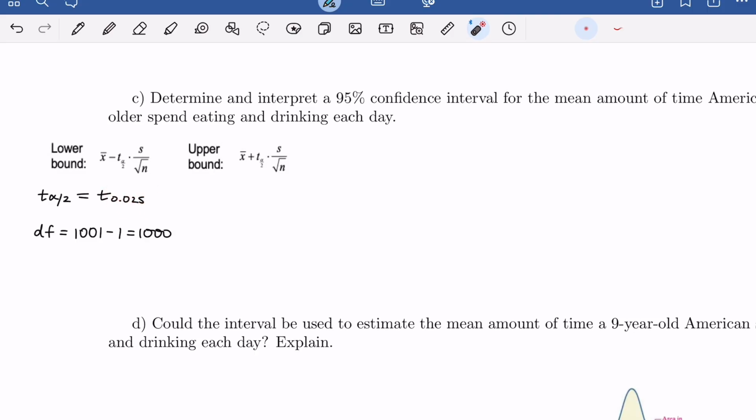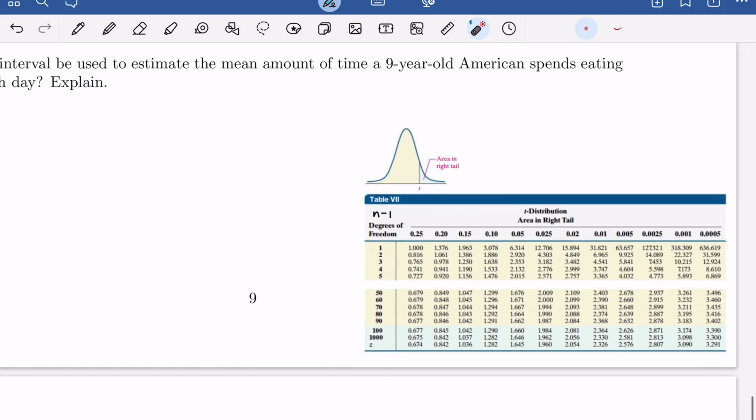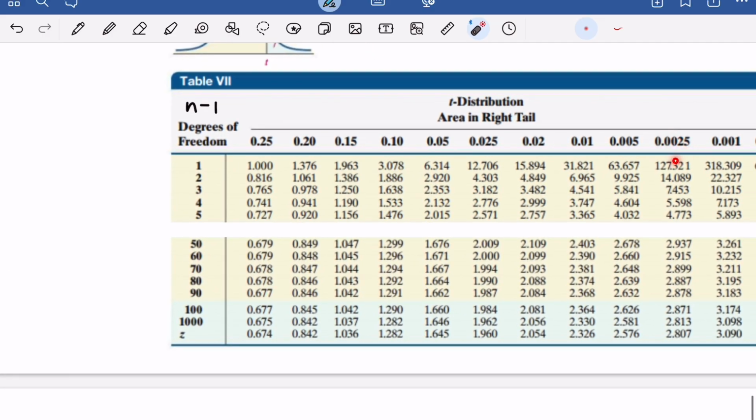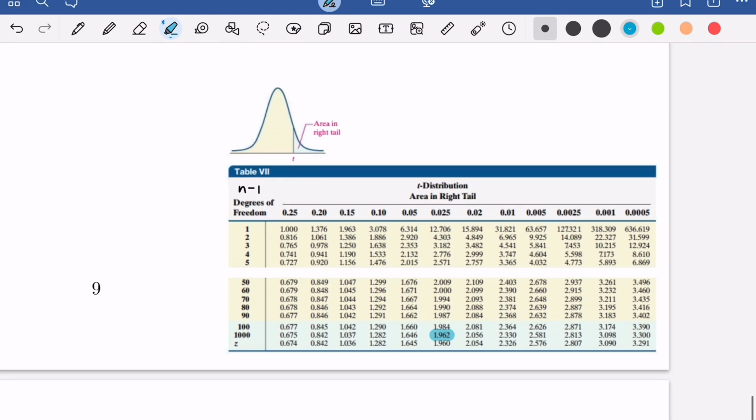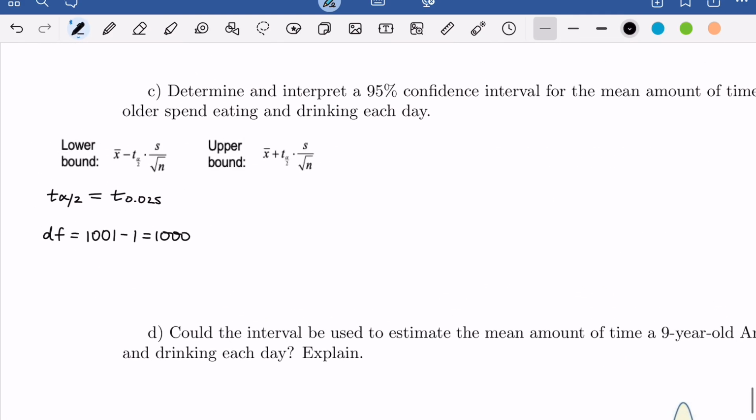So in this case, it's going to be 0.025. So going back to this table, we're going to look at this column for 0.025 and then the row for 1,000. Doing so, we're going to get that this critical value is 1.962.